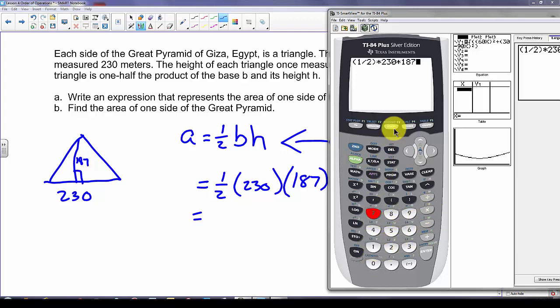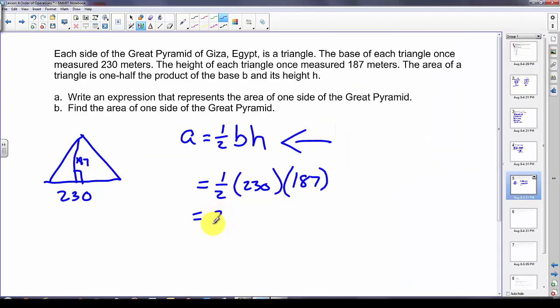And I know this is going to reduce down to an integer because 1/2 times 230 will reduce evenly. But even so, let's just hit math, frac, and that will convert it to an improper fraction if necessary. And I end up with 21,505. And those are square meters. Let's not forget our units.